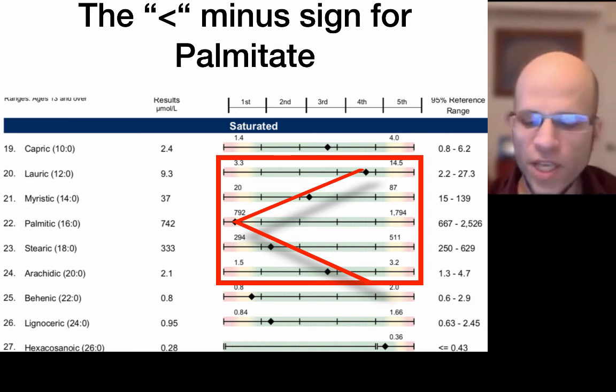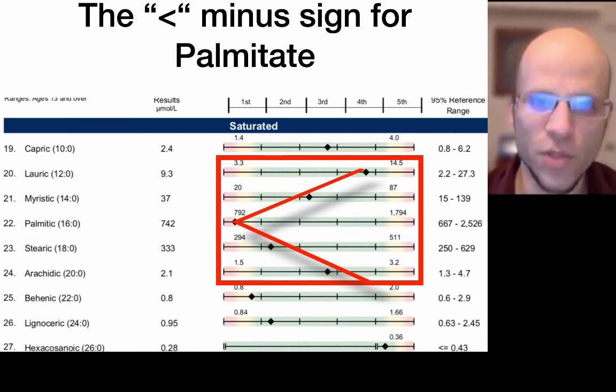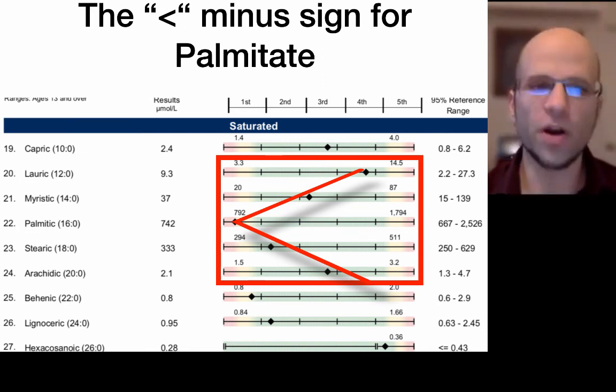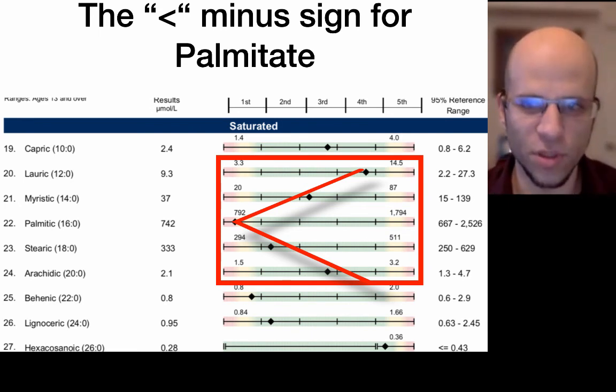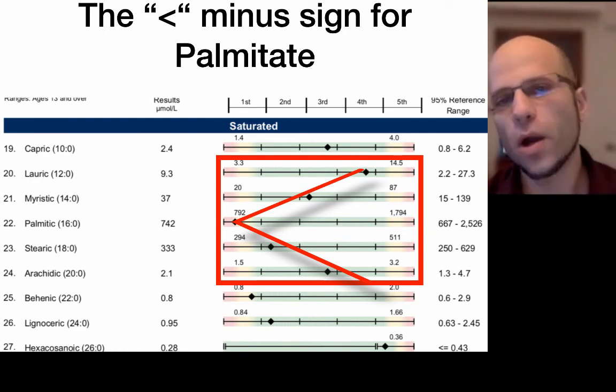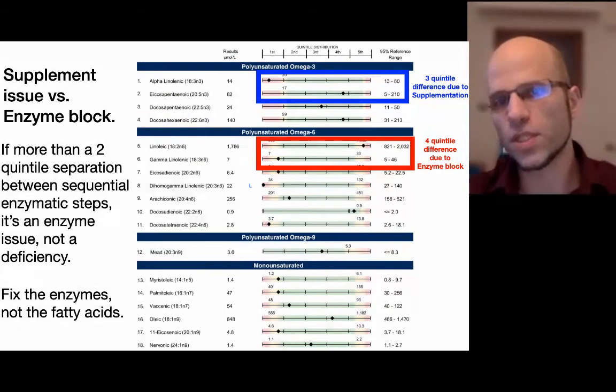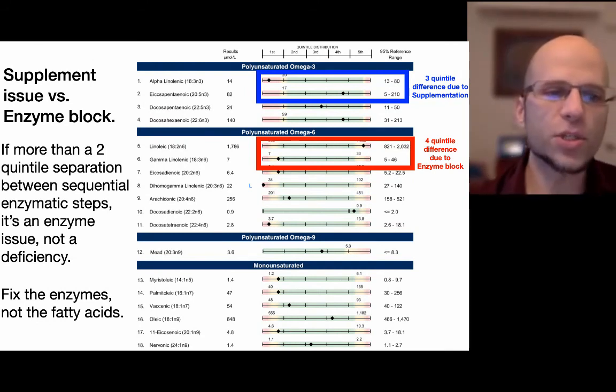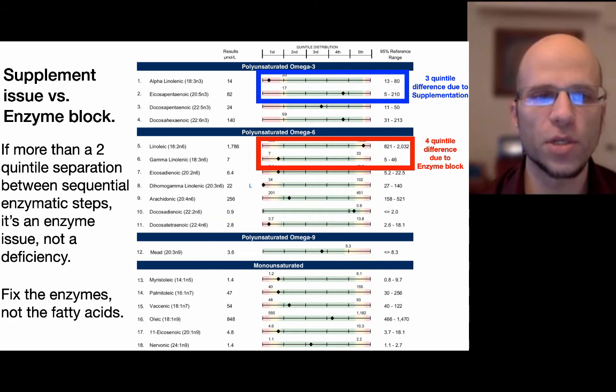So, as you've indicated, there's a lot more nuance to the fatty acid profile that awaits us as Dr. Lord and you continue to disseminate information. But the main thing I want people to walk away with from this presentation is that there's two parts to the fatty acid interpretation.